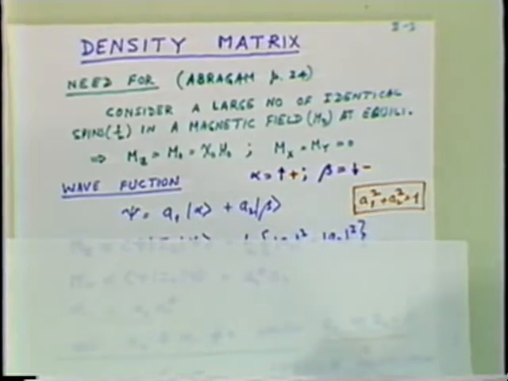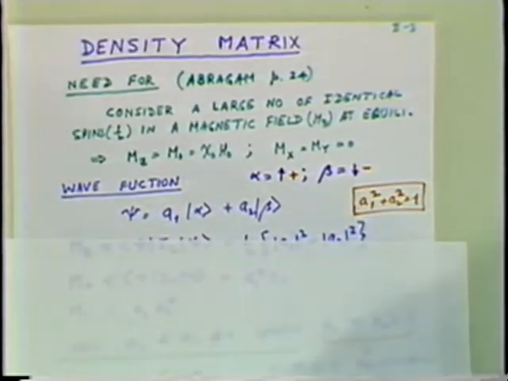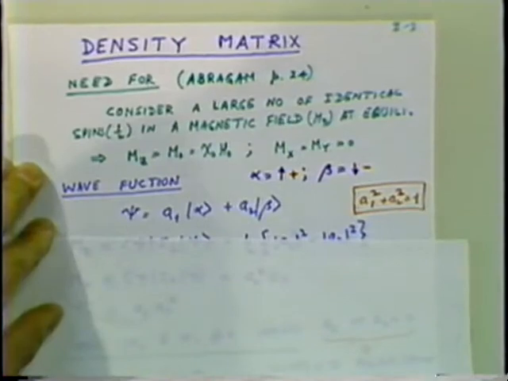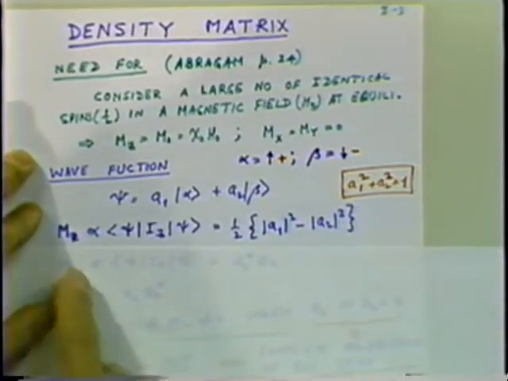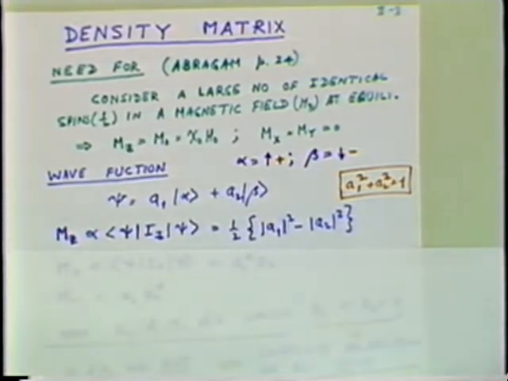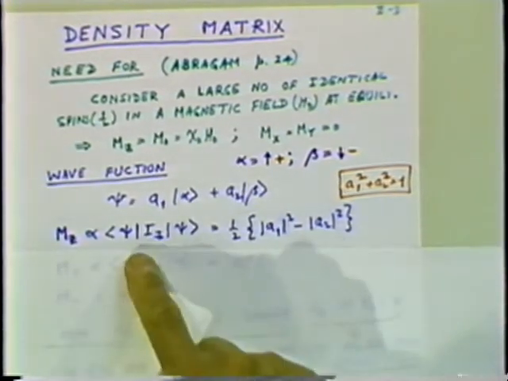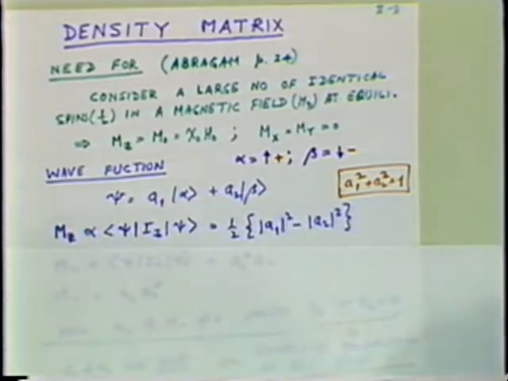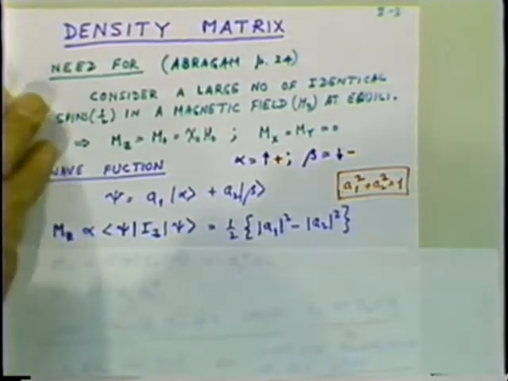What he says is that if you have a collection of identical spins and you put them in a magnetic field, then at equilibrium there is a net magnetization along the z-axis, the direction of the magnetic field, and no magnetization in the perpendicular direction. But if you calculate, for example, the expectation value of Mz, it is given by the integral of the wave function times the operator Iz, which is a1 squared minus a2 squared.